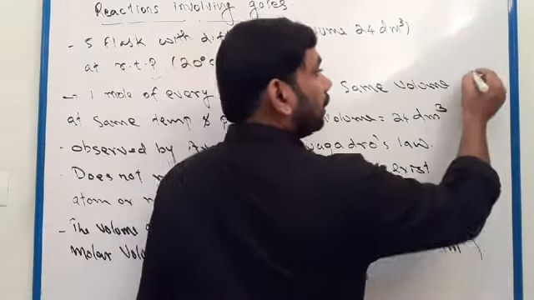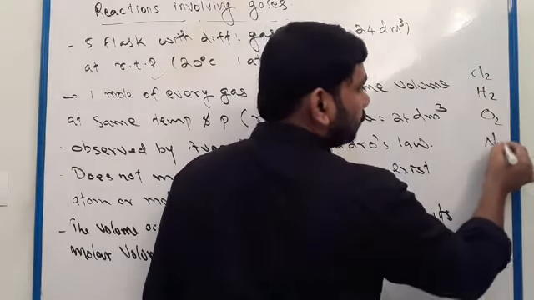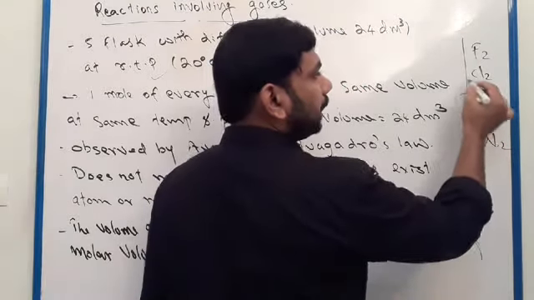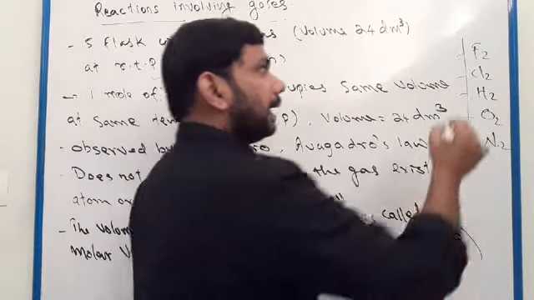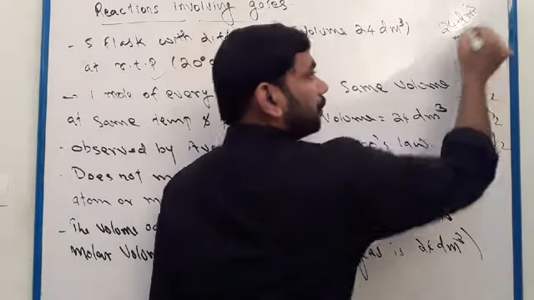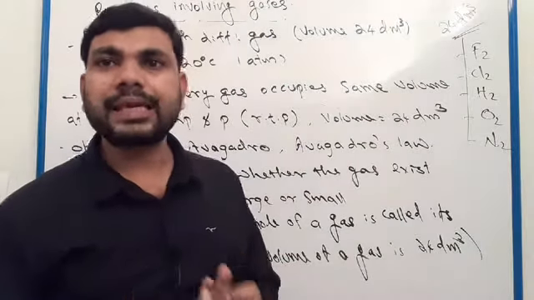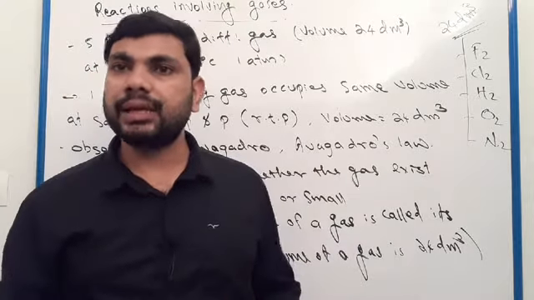Imagine chlorine, hydrogen, oxygen, nitrogen and fluorine. So here 1, 2, 3, 4, 5, 5 different gases with different containers, but their volume is the same. Also their temperature and pressure are constant, the same.